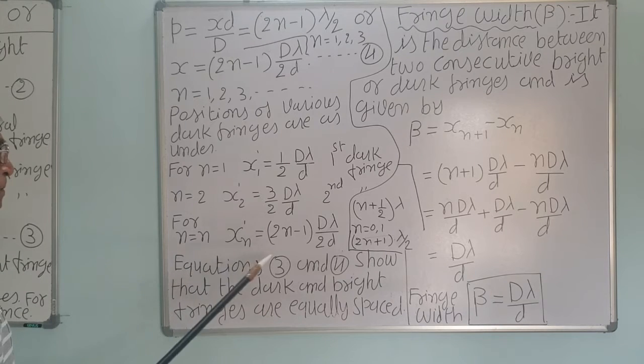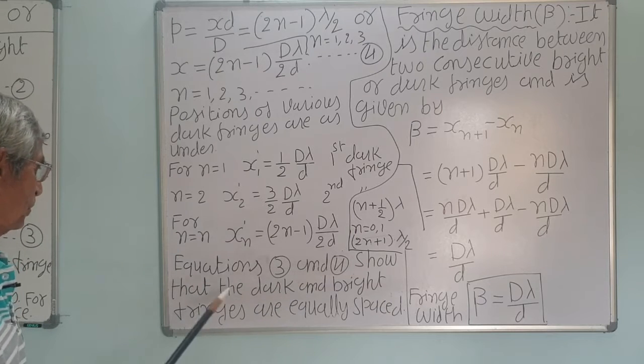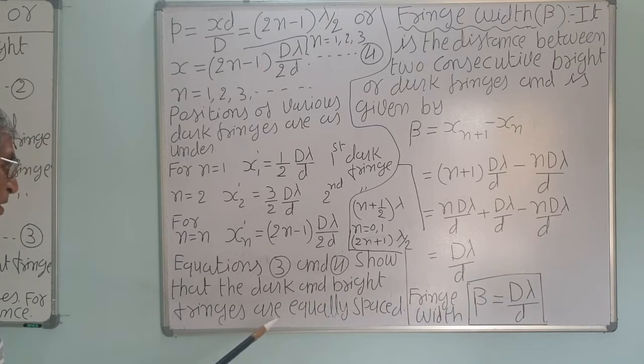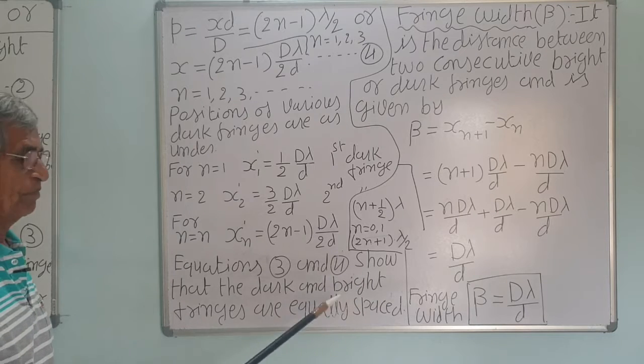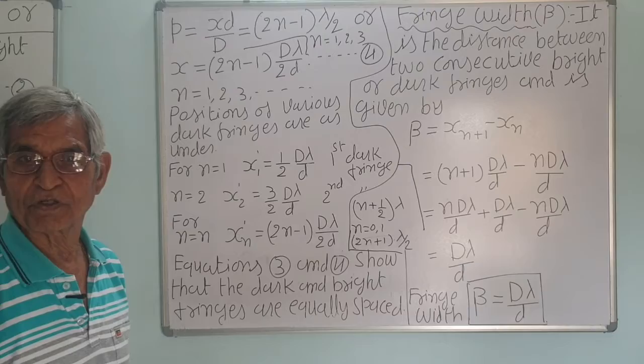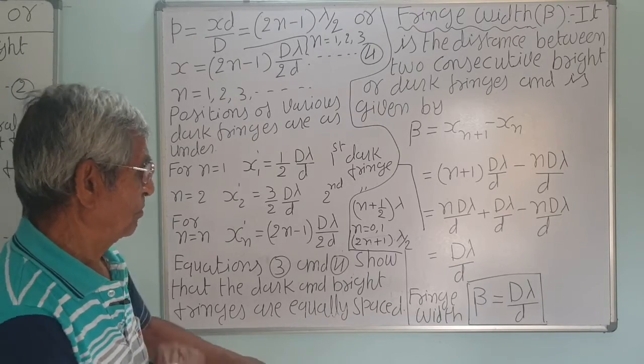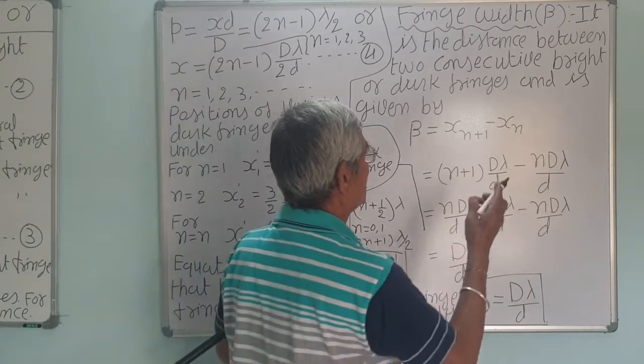Equation 3, earlier we have seen, is for the bright fringe, and equation 4 shows that the dark and the bright fringes are equally spaced. The distance between two consecutive dark fringes or bright fringes is the same. The fringes are like this.